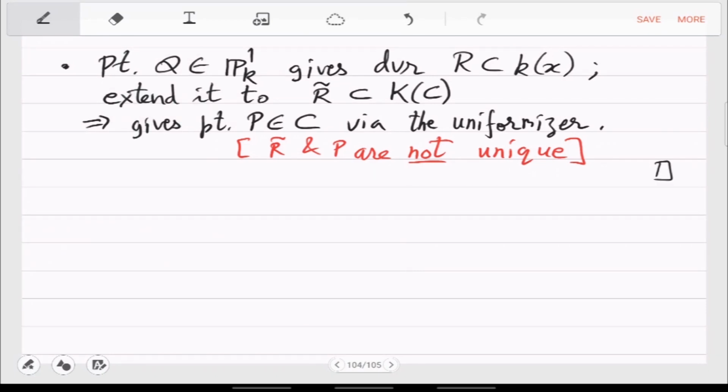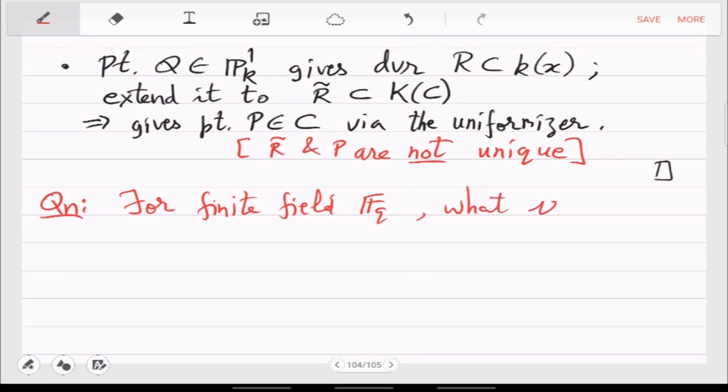So this finishes the proof, and the question from now on is this: for a finite field FQ, what is the size of the curve restricted to FQ points, where the coordinates should come from FQ, compared to the projective line on that space?